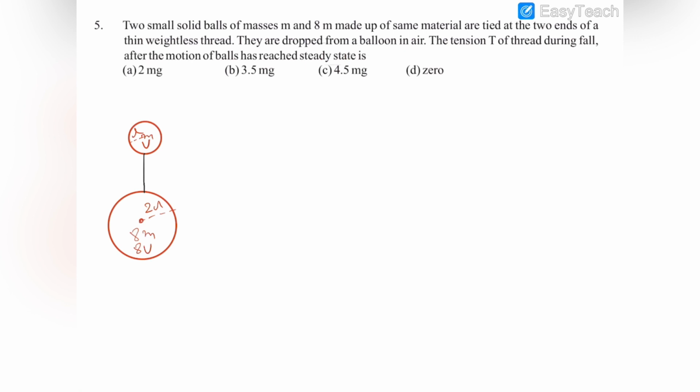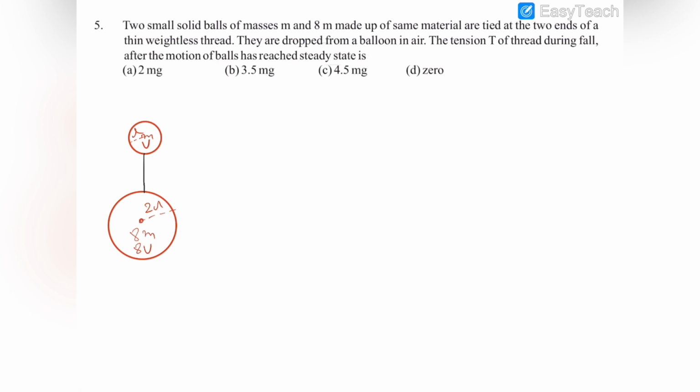Because if we ignore this word, then we will not consider the buoyancy and the viscous force acting on the balls, and we will consider this as a simple problem of Newton's laws. And due to that, we will conclude that the acceleration of these balls will be the same, and that acceleration will be only due to gravity, and therefore the tension in the thread will be zero. But this is not the case, because the word steady state has changed the scenario of the question.